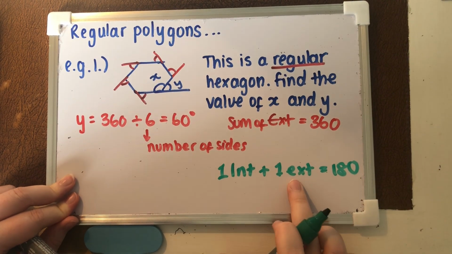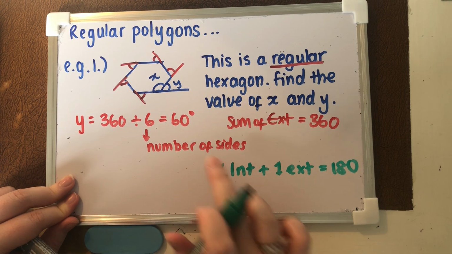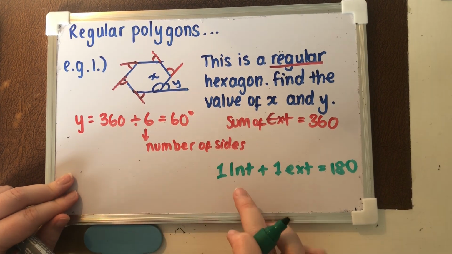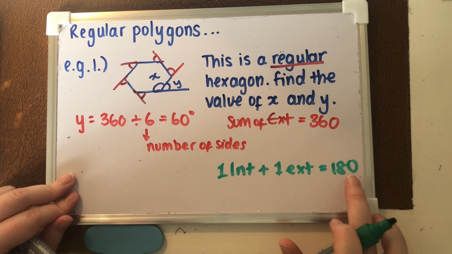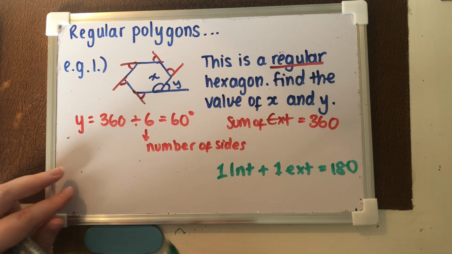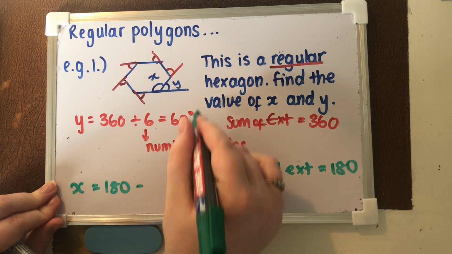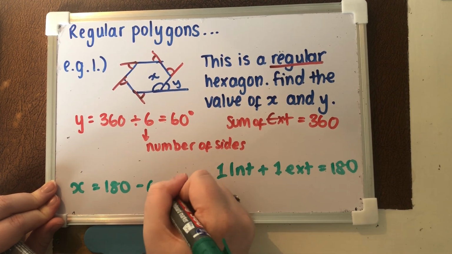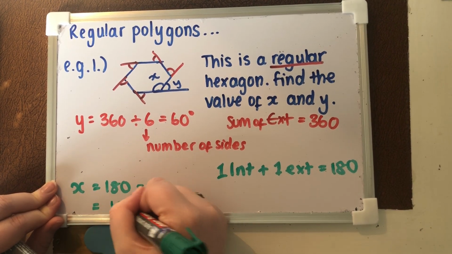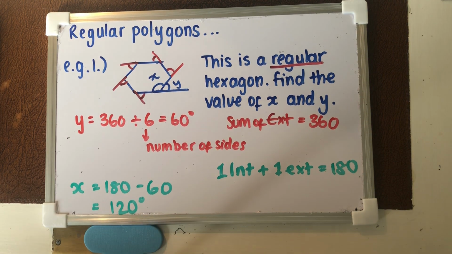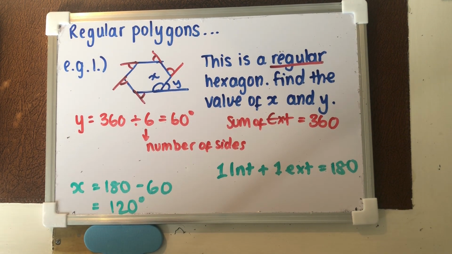Now we've just worked out that 1 exterior is 60, so we can work out that 1 interior by doing 180 take away the exterior, which is 60. And that gives us 120 degrees. So really quickly, it's already worked out the answers for us. But there are different ways of doing it. I think that's the easiest way, but it's your decision.